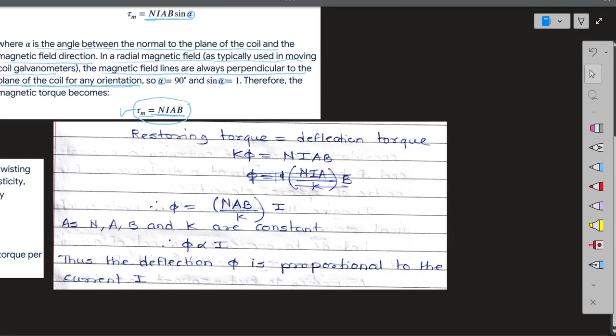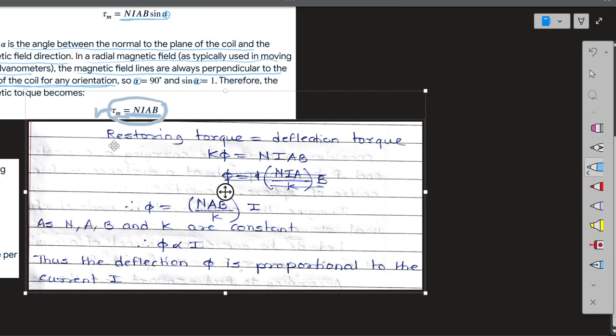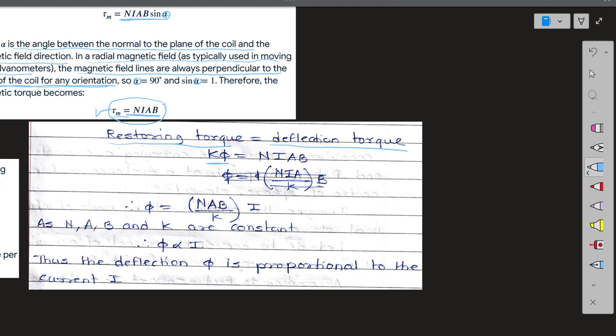So for reading of that moving coil galvanometer, restoring torque is equal to deflection torque. Restoring torque is K phi, a torsional constant K, equal to NIAB, and from that we have deflection is NAB by K, constant, proportional to current.